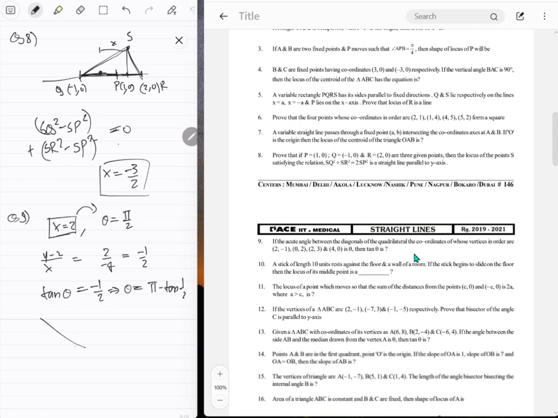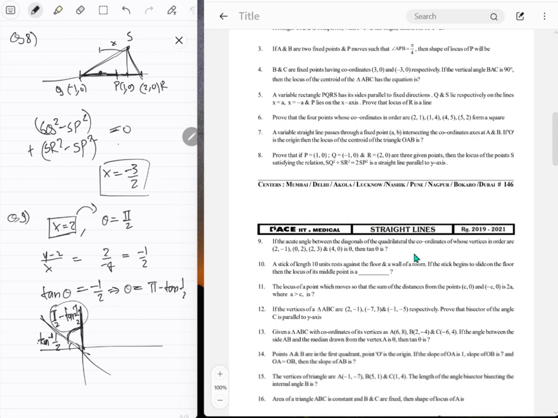So the acute angle between them, if I draw it like this, it's going to be tan inverse of 1 upon 2, like this. Then this is just going to be a vertical line, right? This is the other diagonal. So the acute angle is just this guy, which is pi by 2 minus tan inverse of 1 upon 2. So what do you want? You just want tan theta.